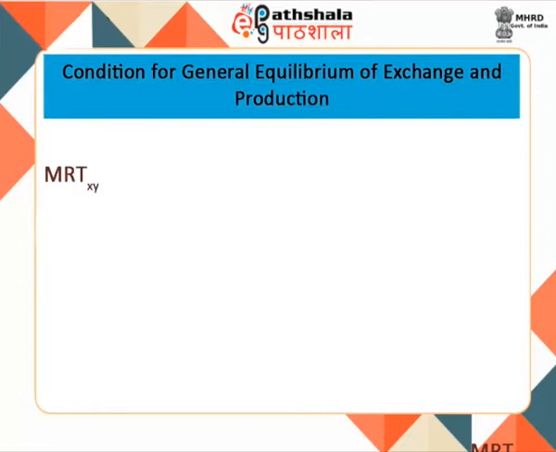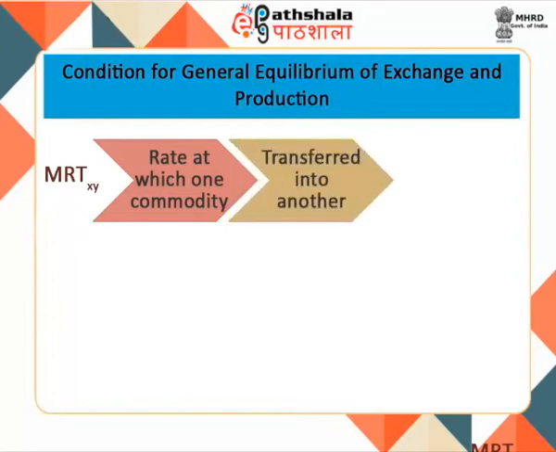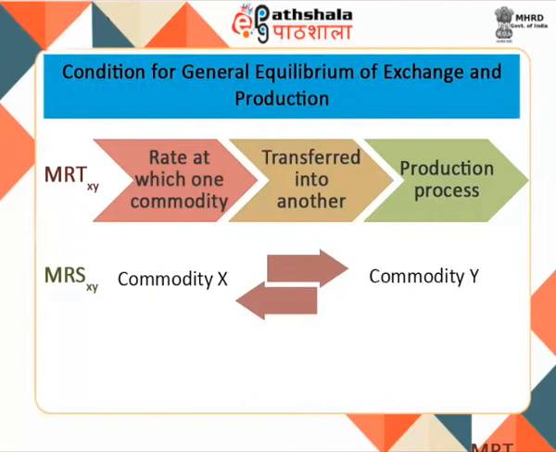Since MRT xy shows the rate at which one commodity is transformed into another in the production process, and marginal rate of substitution MRS xy measures the rate at which consumers are willing to exchange one commodity for the other, the two ratios must be equal in the equilibrium.